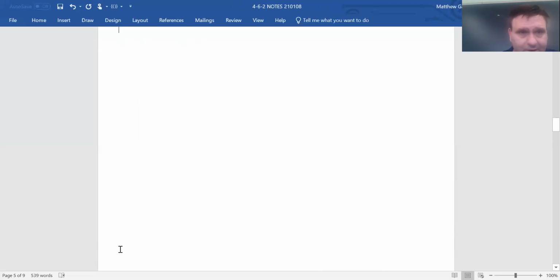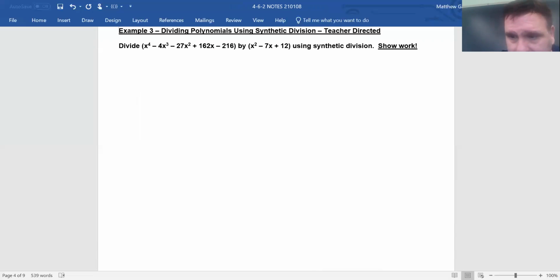So what do we mean here? We mean that this particular problem is going to have 2 excluded values. We're not even going to put one in there yet because it's going to come from x squared minus 7x plus 12.